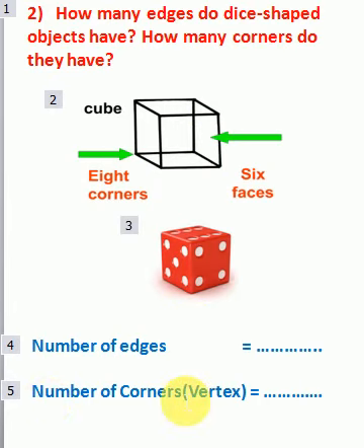Number of corners is the same, 8. So once again I will repeat, number of edges is 12 and the number of corners, that is vertices, is 8.